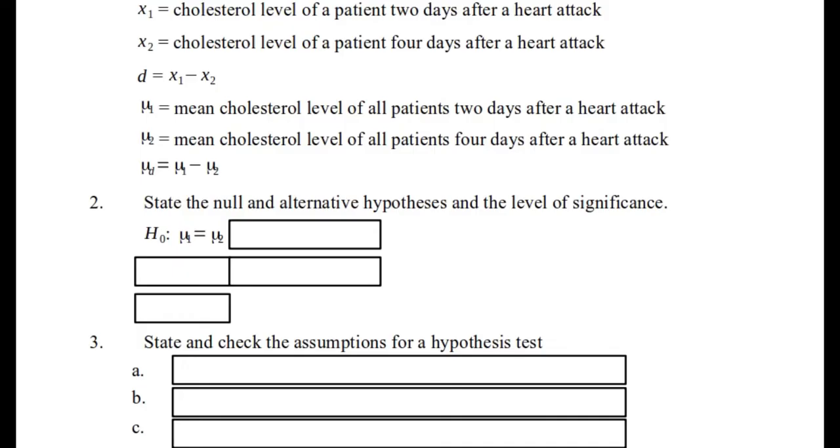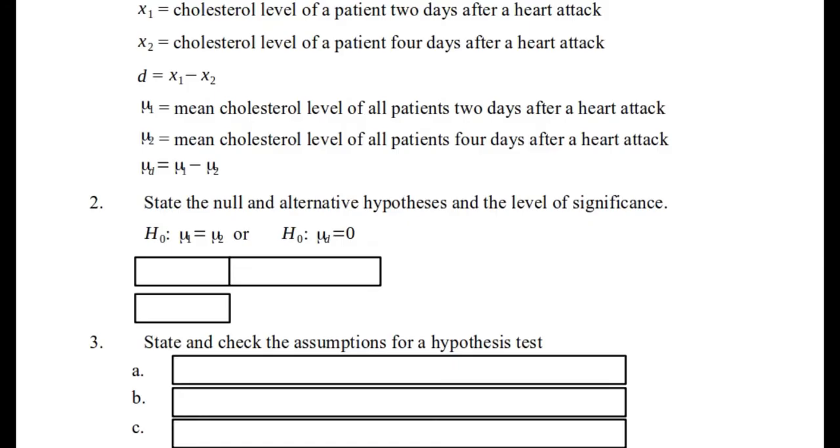We could subtract mu sub 2 from both sides. And if we do that, we get that mu sub D, that is the mean of the differences, is equal to 0. If you subtract mu sub 2 from both sides, you get a 0 on the right side, and you get mu sub D on the left side. So we're allowed to assume that. Remember, we're assuming the null hypothesis.